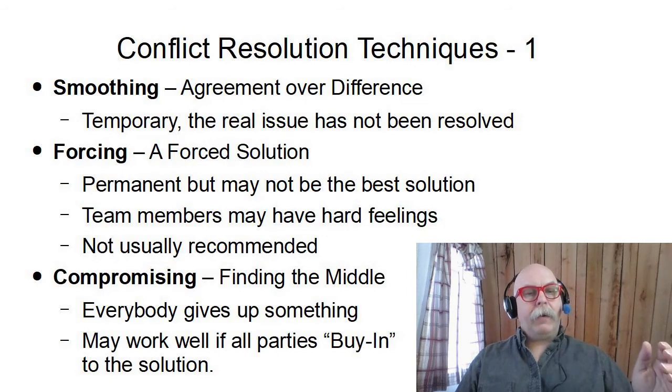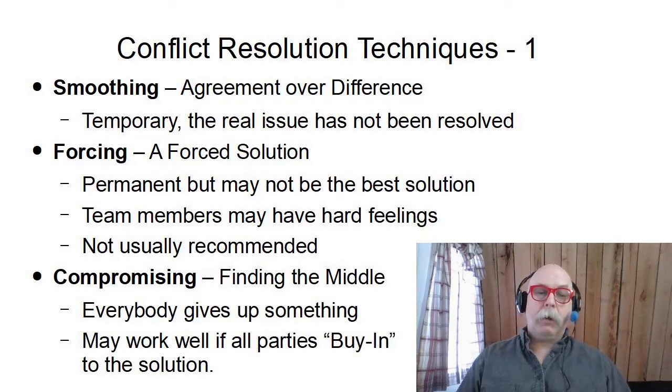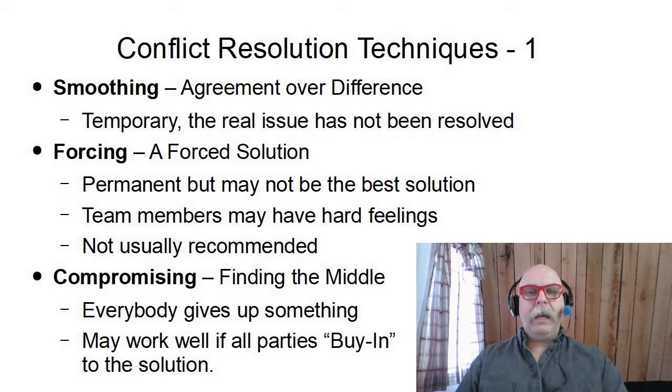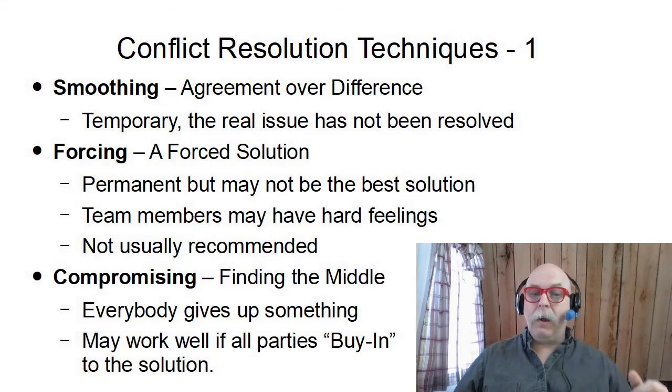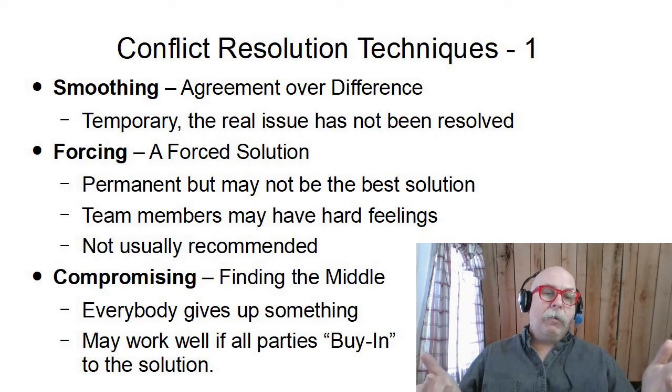Because of that, there are several techniques that can be used to help work out the conflict. Number one is smoothing. Smoothing is just agreeing over the differences. You've got party A over here that says this, you've got party B over here that says this, and you say, you're both rightish.